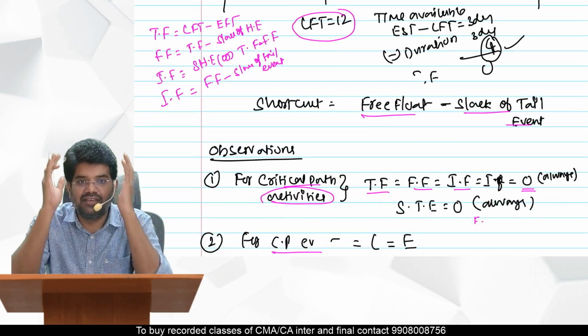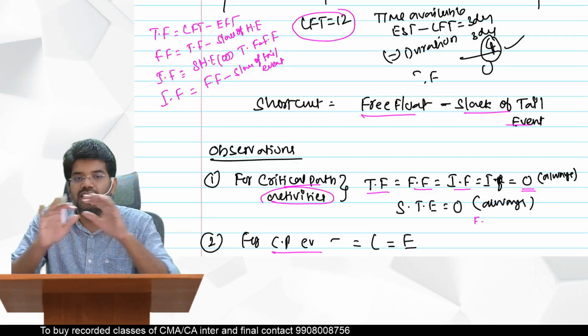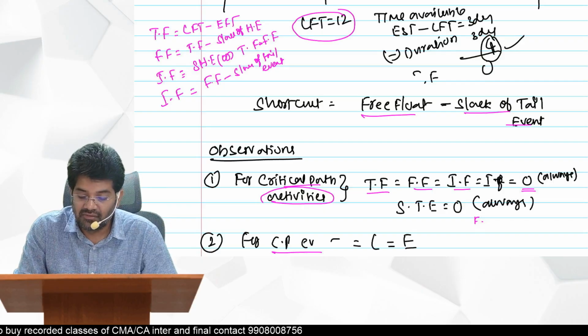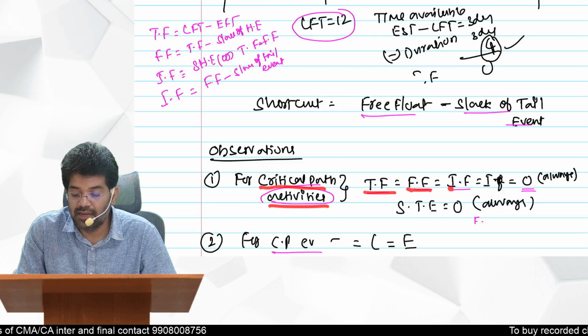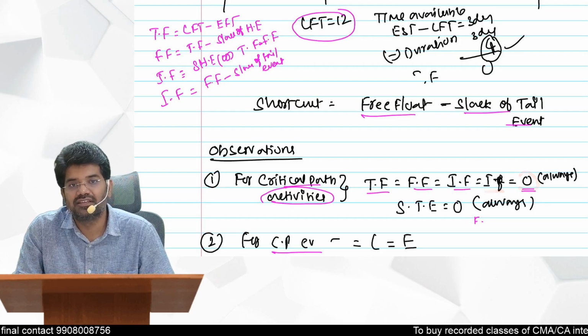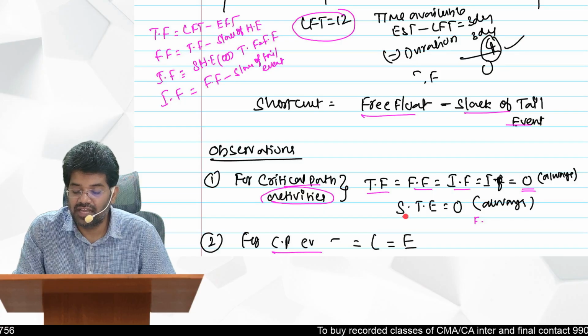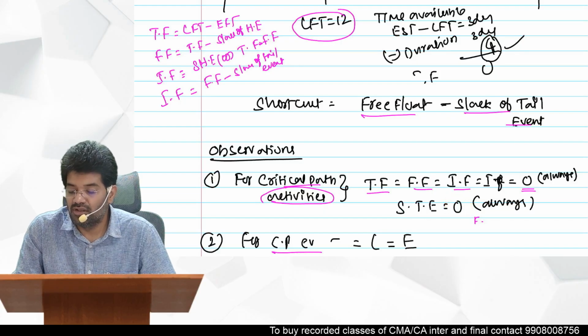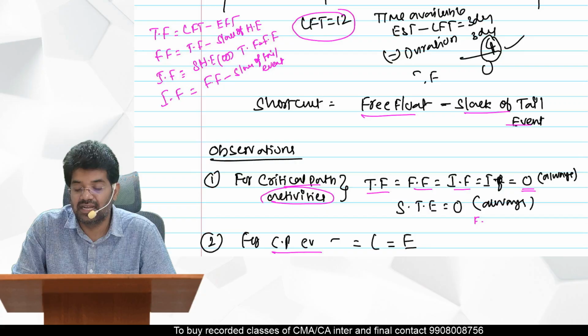And logically, if you have seen everything, for critical activities the float is 0. For all the critical path activities, total float, free float, independent float, interfering float, everything will be 0 only. Always. Even the slack of tail event is also 0, for all the activities in the critical path.